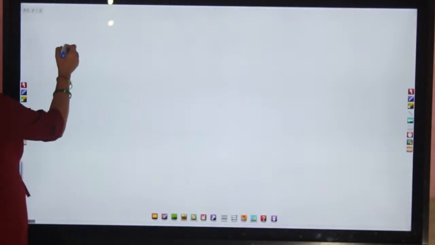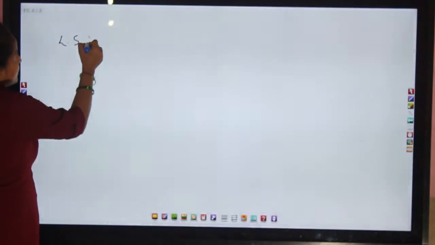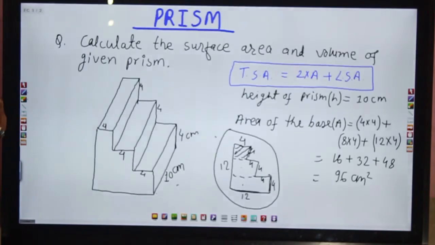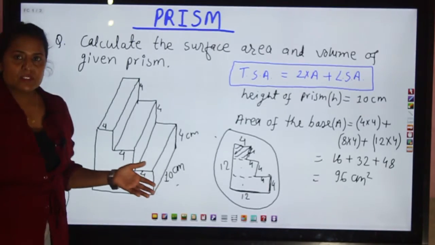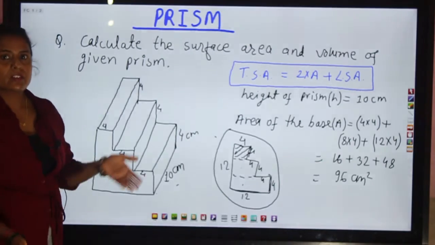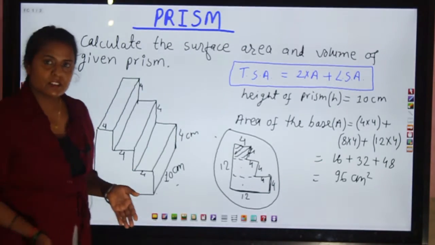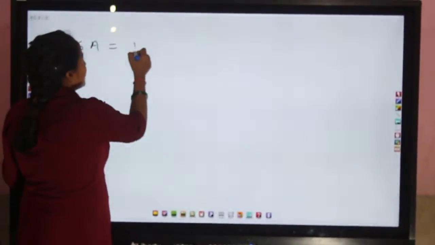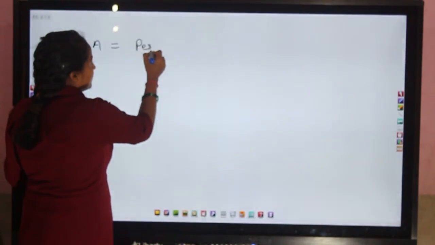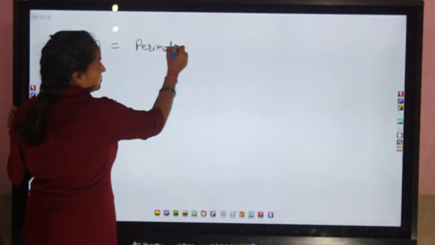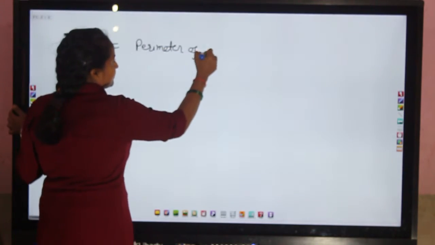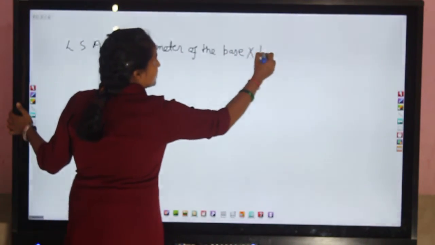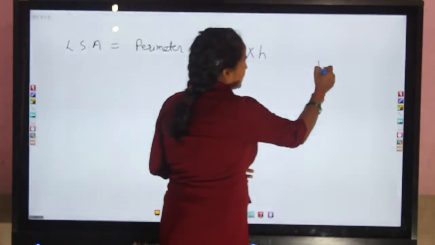Now we are going to find out the lateral surface area of the prism. How to find the lateral surface area of the prism? You have already learned: perimeter of the base into height of the prism. What is the perimeter of the base?